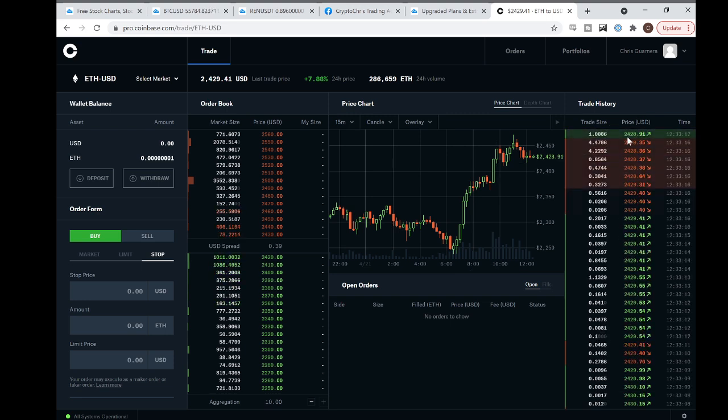What this means is that $2,428.65, that was the last agreed upon exchange. Whatever the last agreed upon exchange is the current price of that coin. Okay, so look at, you have buyers and sellers. Whenever they come to an agreement and an exchange is made, that is what the price is of the coin.